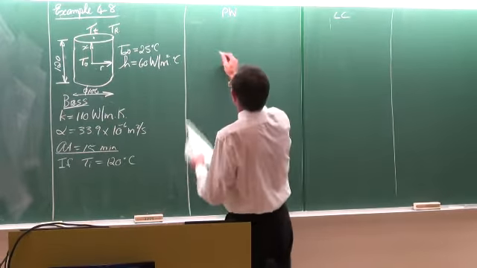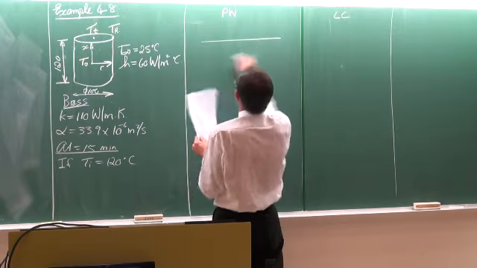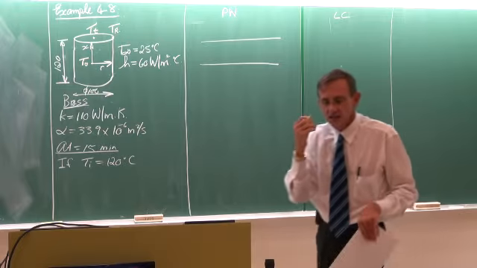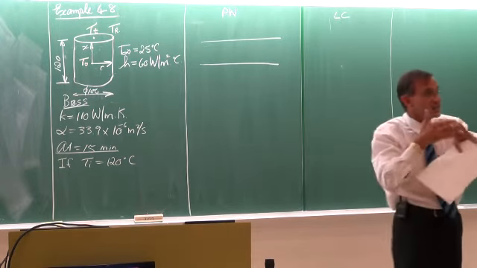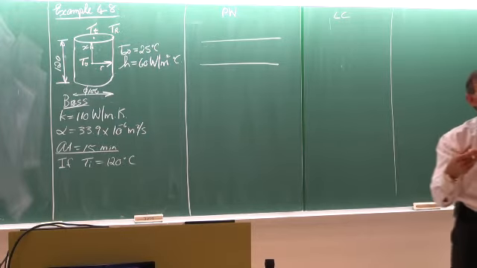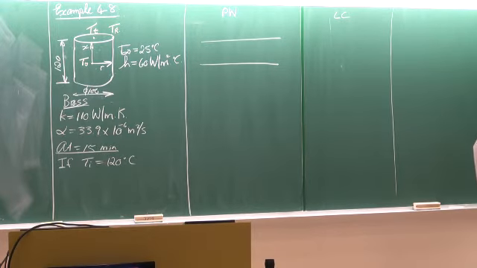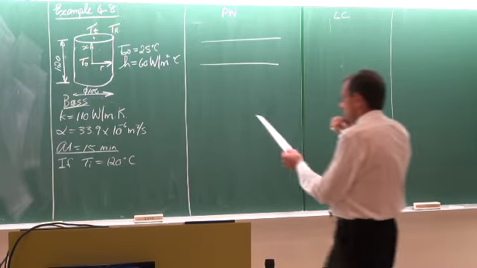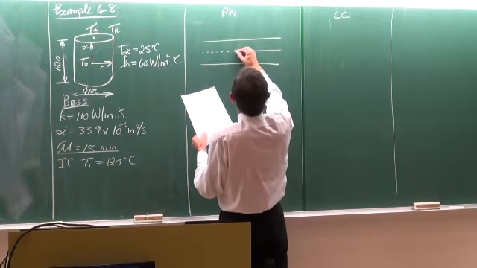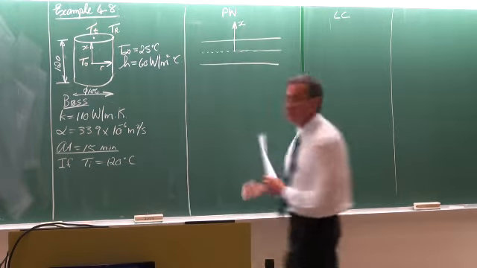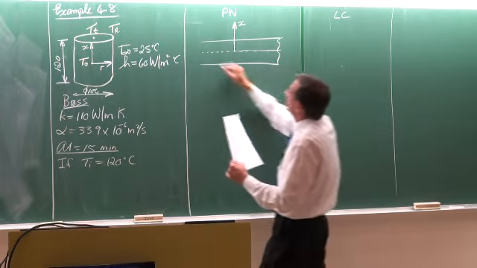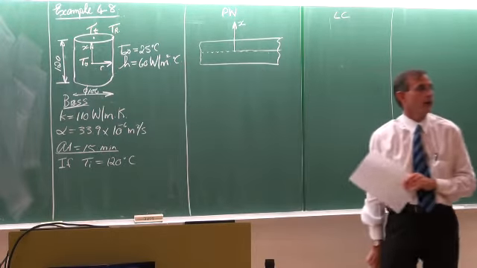So what we have here is the plain wall, and the sketches are going to be very critical in developing your understanding of what is happening here, and it is going to make things much easier when you have very complicated problems to solve. So there's the plane wall, and with the plane wall, that was our center, and that was X. X could start from anywhere, it didn't matter, because it was an infinitely long plane wall.